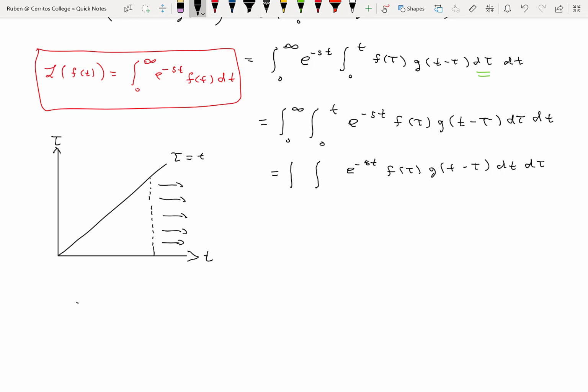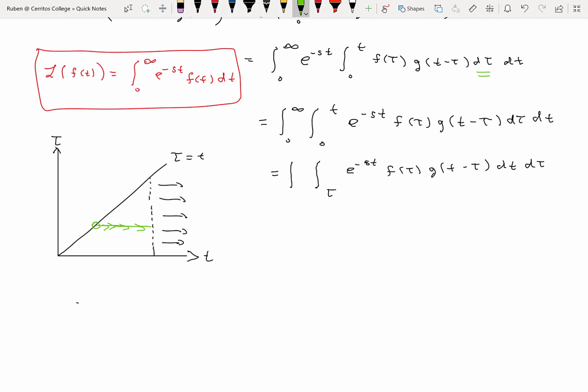Then the innermost integration tells us that we're integrating between the functions t equals tau, and I'm going to put a little green arrow in here to indicate the direction of our integration. The innermost integral has t varying from tau, and I'm putting a little circle around that right here. This is t equals tau to where?